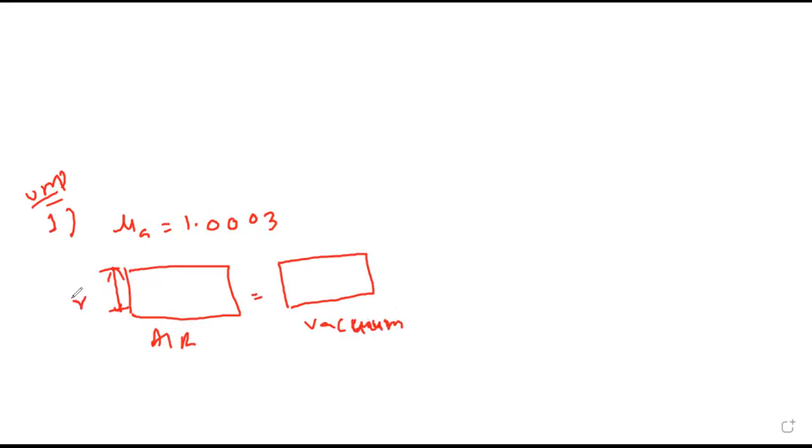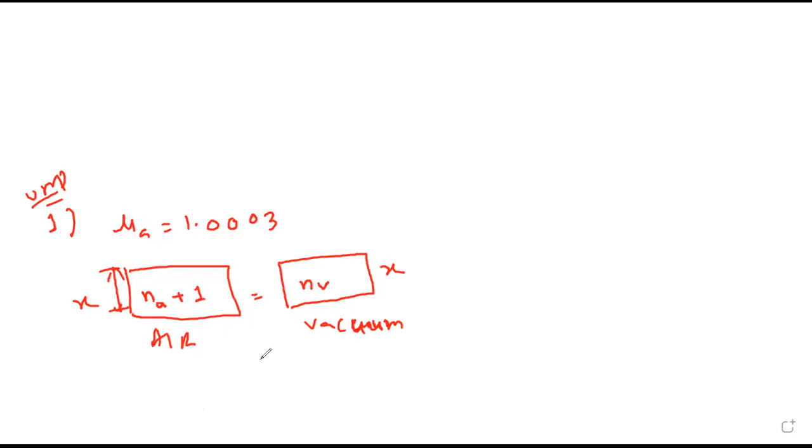So if I take this thickness x, in same thickness of vacuum, air column has one more wavelength. What is meaning of one more wavelength? Means one more wave. That means number of wave in air is one more than number of wave in vacuum. This is condition given.